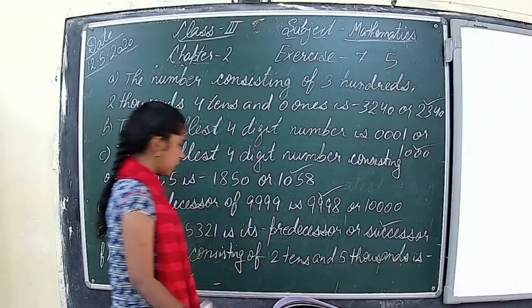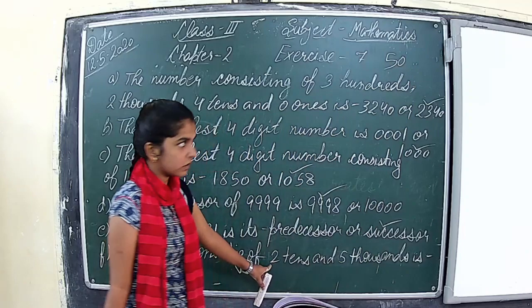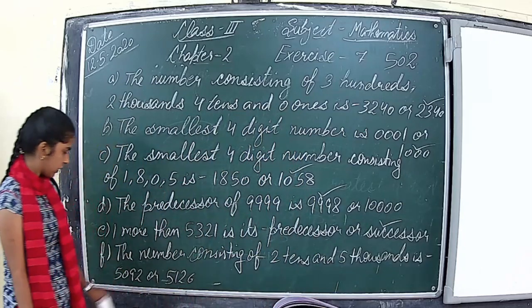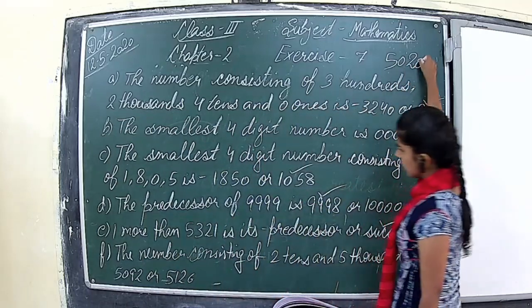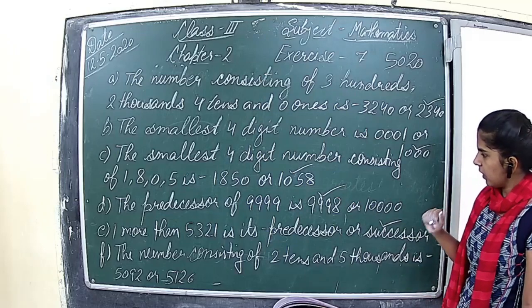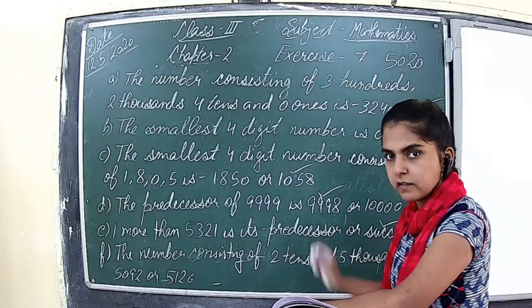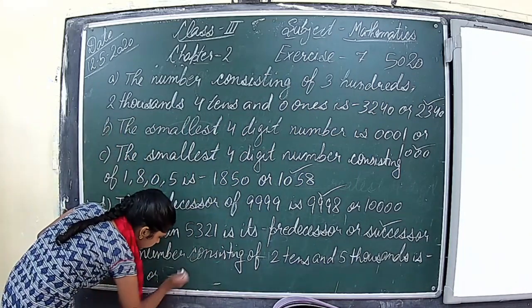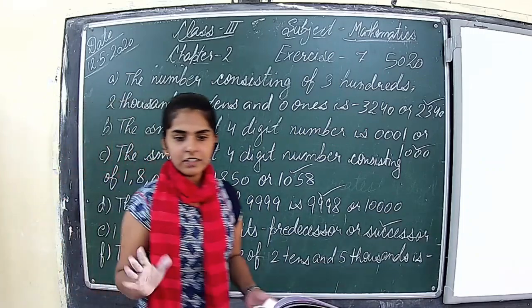After that, at the 100 place, nothing is there, so we will write 0 here. And at the 10 place, 2 is there, so we will write 2. And at the 1 place the digit is not given, right? It means at the 1 place, 0 should be there. So the correct number should be 5,020, but here no option is given like that. So this question is wrong. Here you change the option. This option is 5,020. So this will be the correct answer. Okay. Next one.